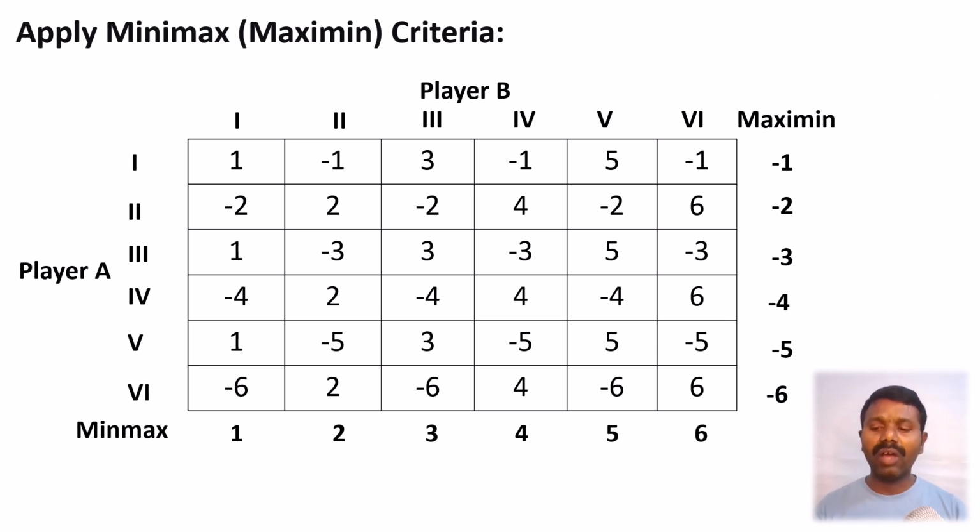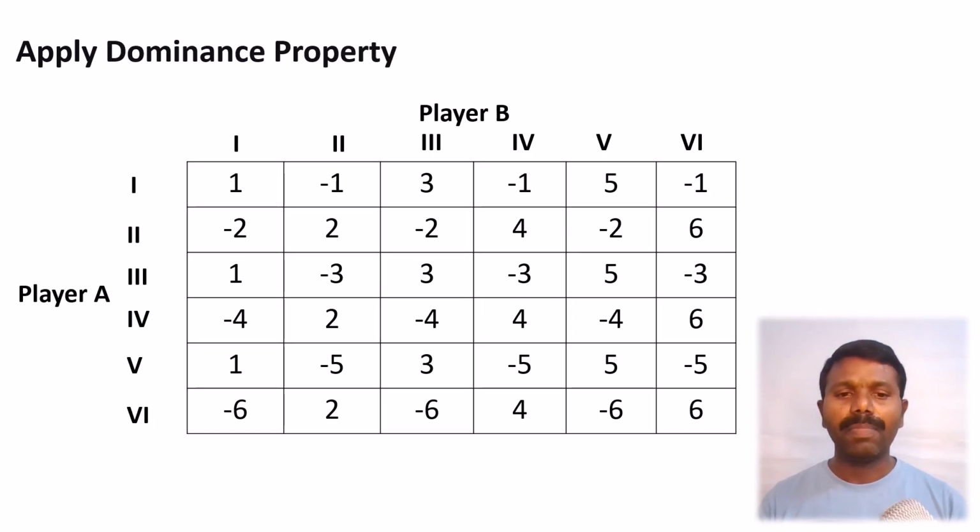So we need to go to the dominance property. Applying it, first compare the first row with the second row: the first strategy is dominating in one column, and the second strategy is dominating in the other, so there is a conflict and it cannot be cancelled.